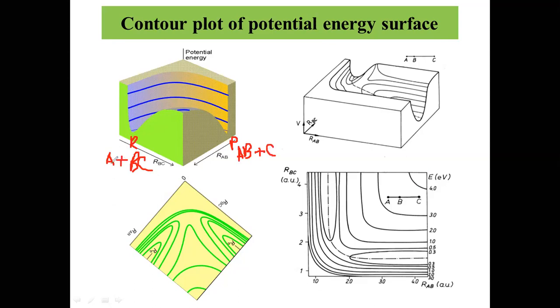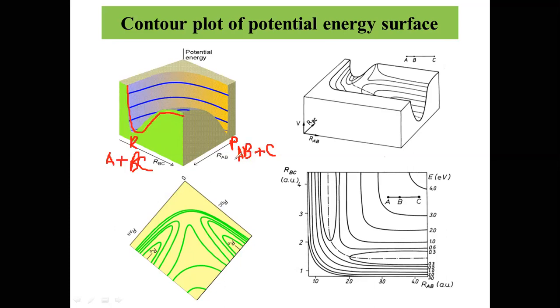Now here A is infinitely separated, BC is vibrating about its equilibrium distance, so that is the reactant point. So this curve was looking something like this, right? So at this point, A, B, and C are all infinitely separated.